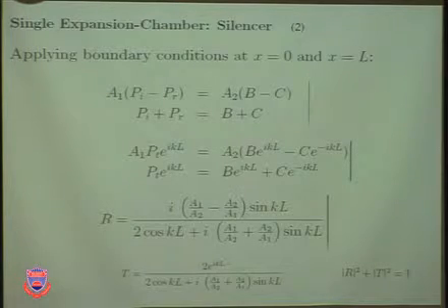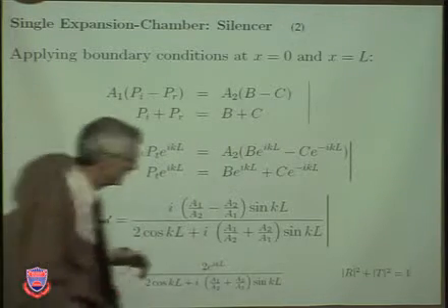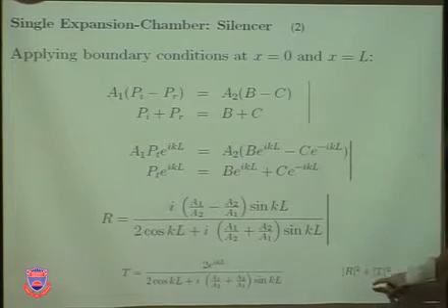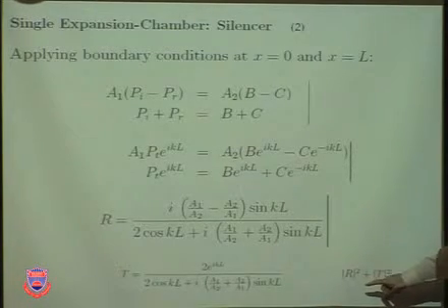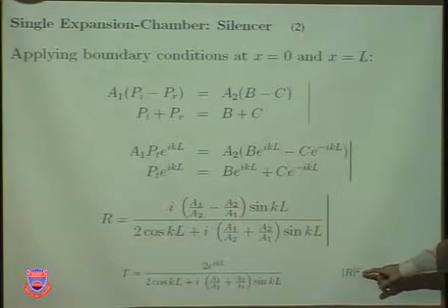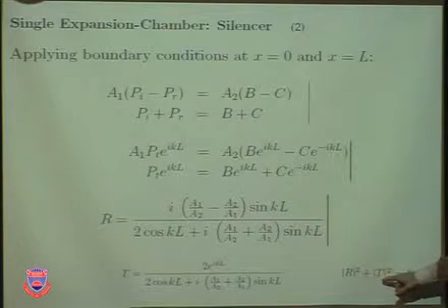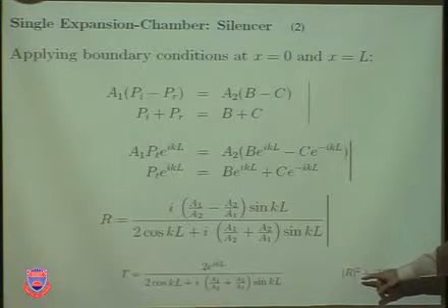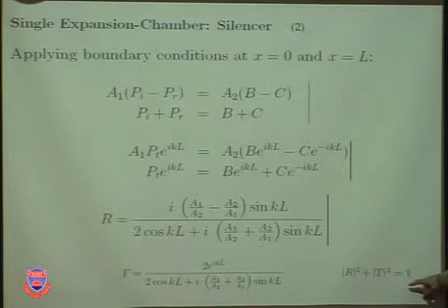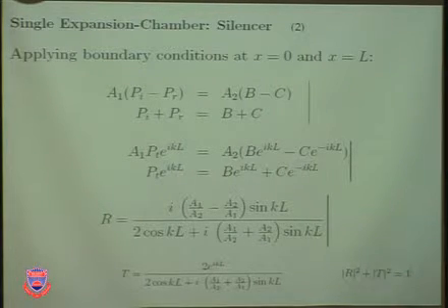You can go home and demonstrate to your satisfaction that the absolute value squared of the reflection and transmission coefficients add up to 1. Why is that?